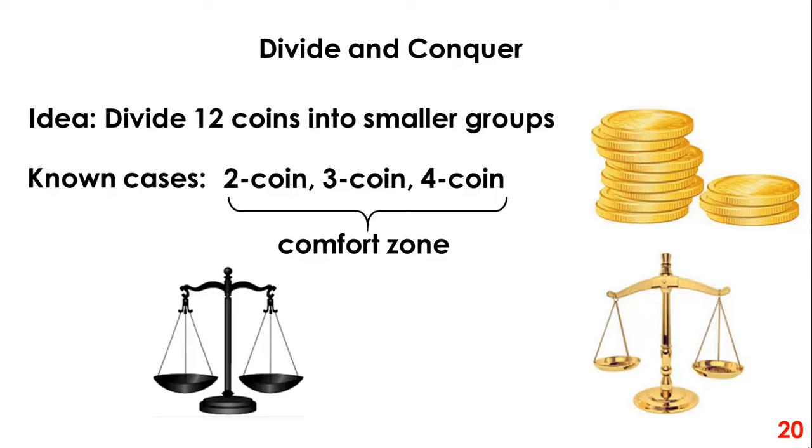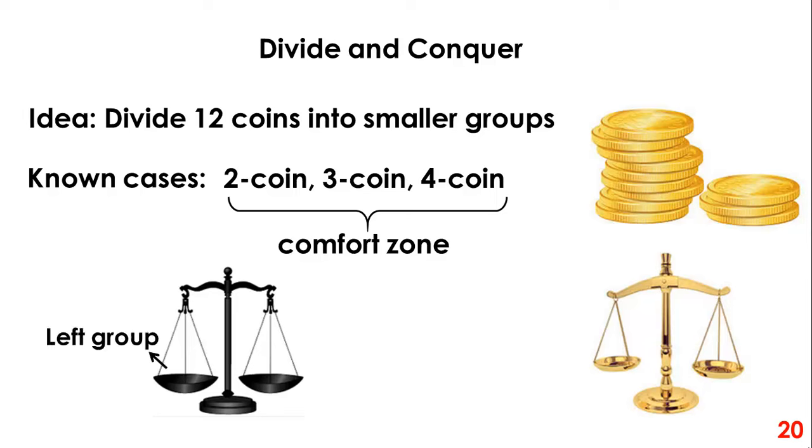When we use our first weighing to divide the 12 coins into smaller groups, let me consider a general situation. We put a balance scale here. In the first weighing, we split the 12 coins into several groups.